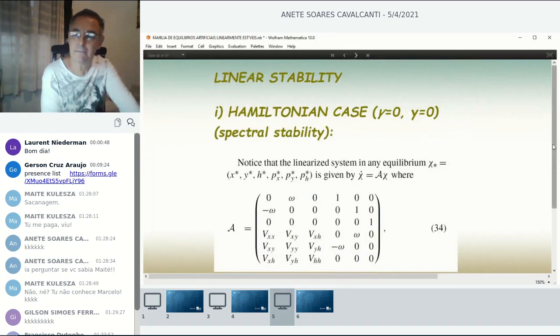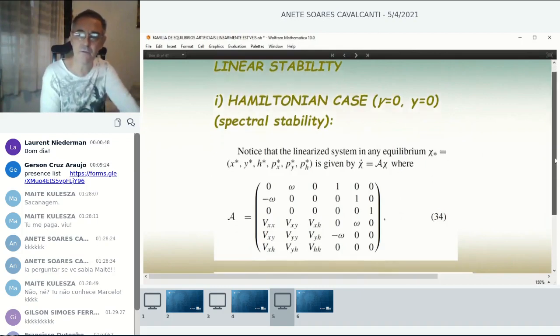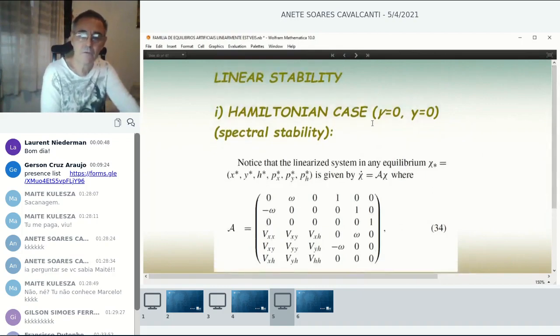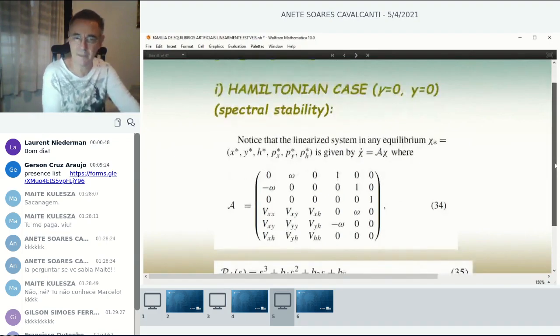Okay, once we have found a family of equilibria, we now want to know if they are stable or not. So we are going to analyze the linear stability in both cases. We start with the Hamiltonian case. Remember that in this case, which is the case that interests us, Hamiltonian means gamma equals 0 and y equals 0 also, because of that observation I made back there.